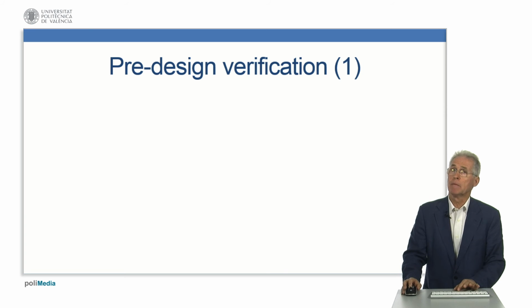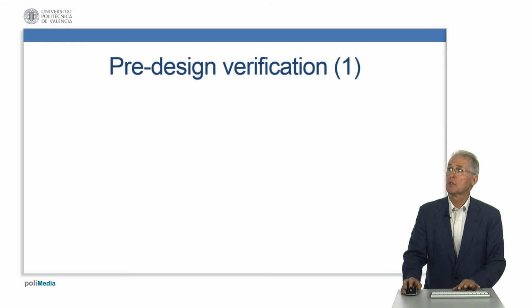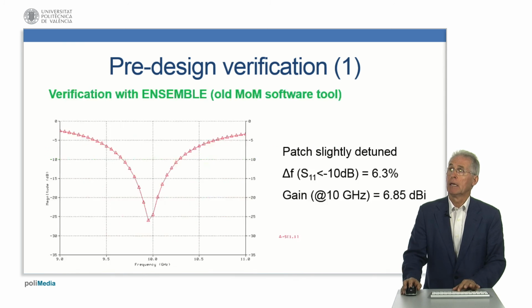Now we need to confirm this pre-design parameters using a software tool. In this case, we used an old software tool, Ensemble, to check the pre-design dimensions. As you can see from the S11 curve shown in this figure, the agreement is very good.